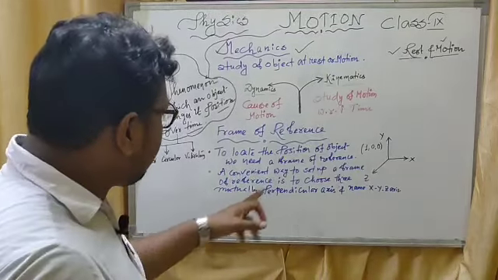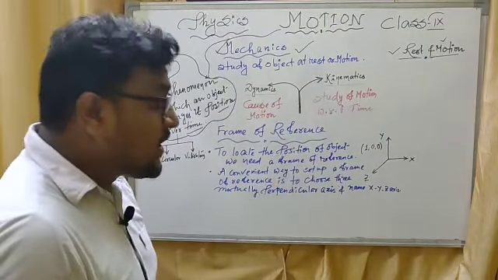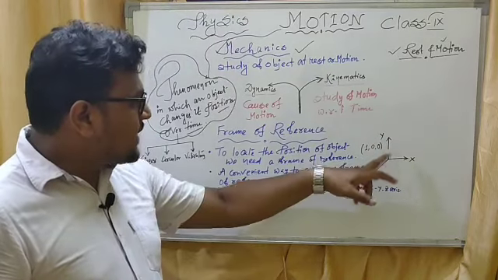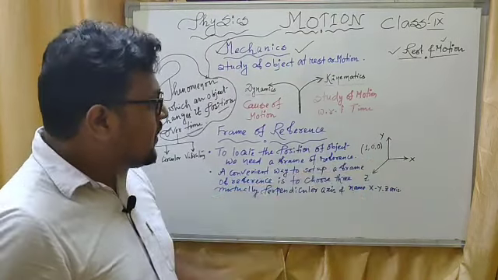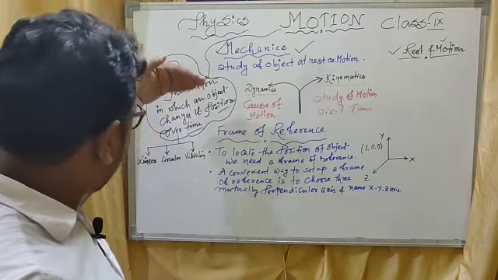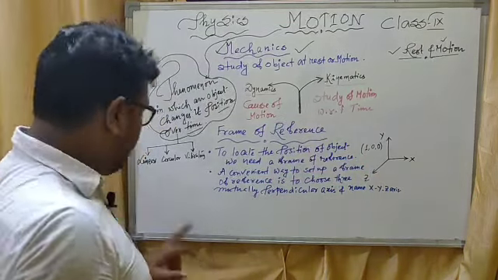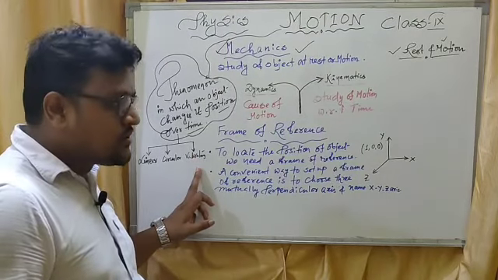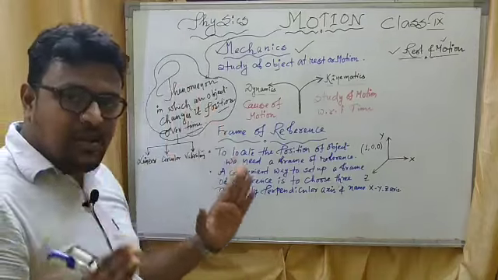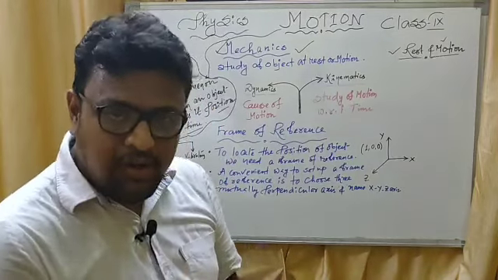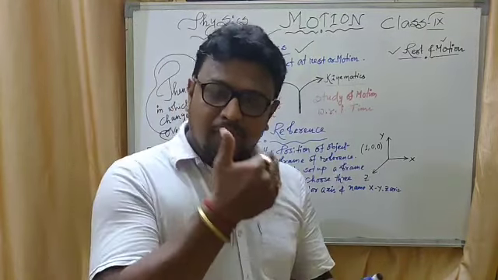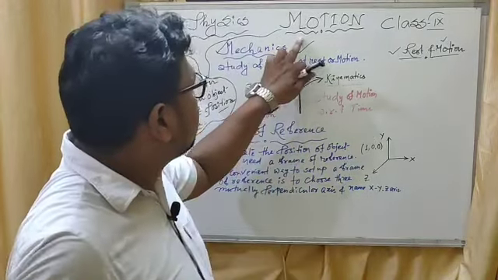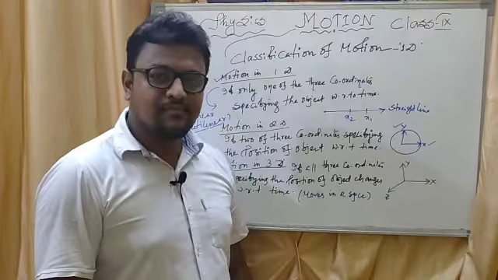Another is that a convenient way to set up a frame of reference is to choose three mutually perpendicular axes named x, y, z, right? And motion can be divided into three parts: linear motion, circular motion, and vibratory motion. So the entire concept of motion is that a body changes its position from rest to the moving one. I hope it is clear to everyone?